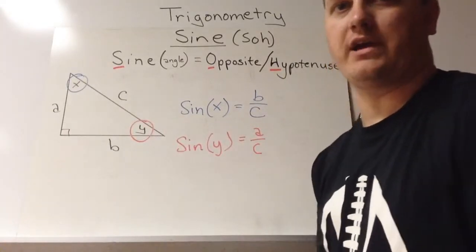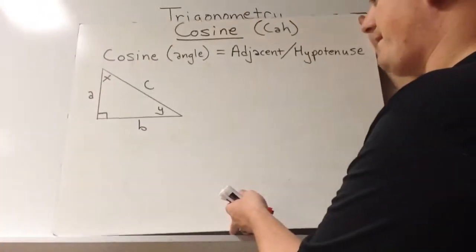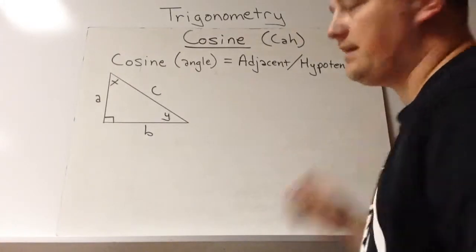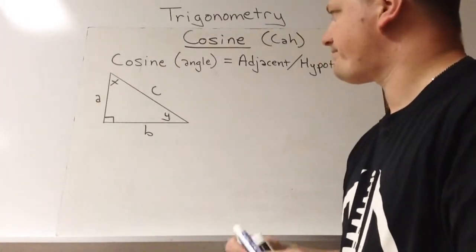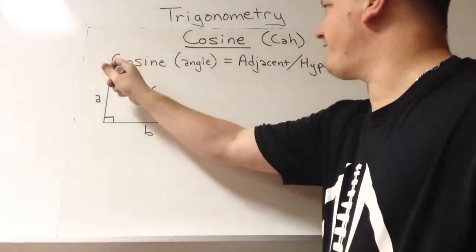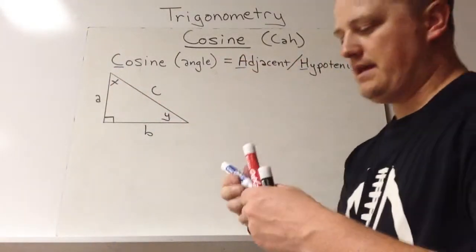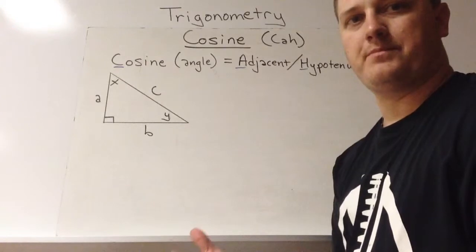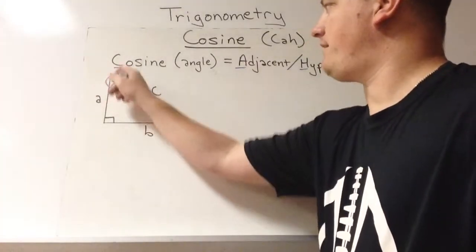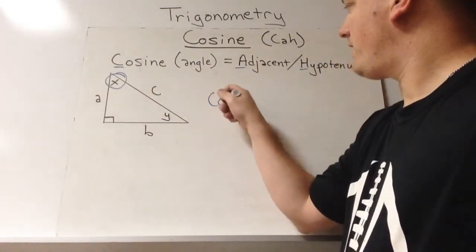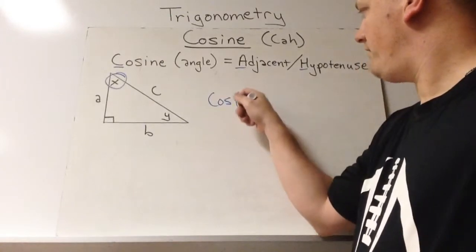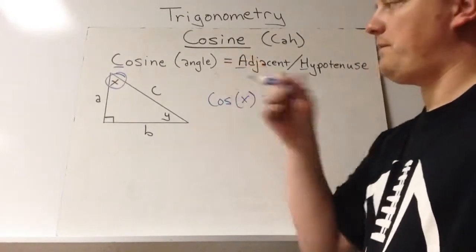Alright, let's look at cosine. So for cosine, we have CAH, and these problems we're going to set up the same way. So start with x again. Cos of x equals, now we want adjacent.